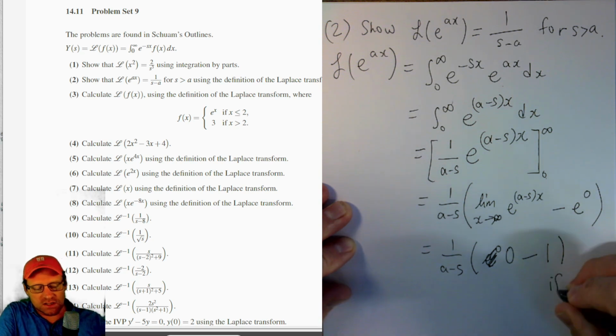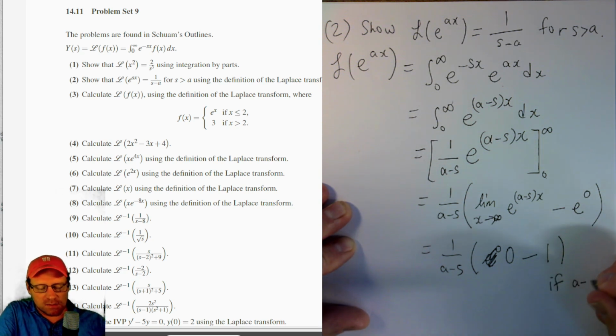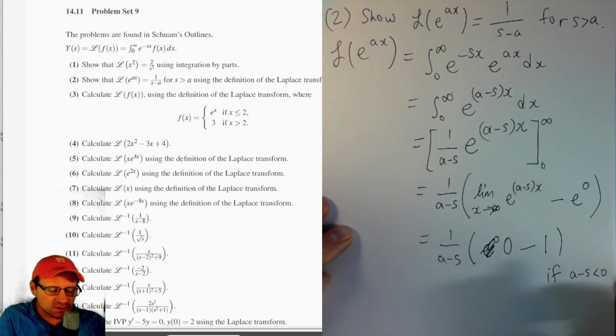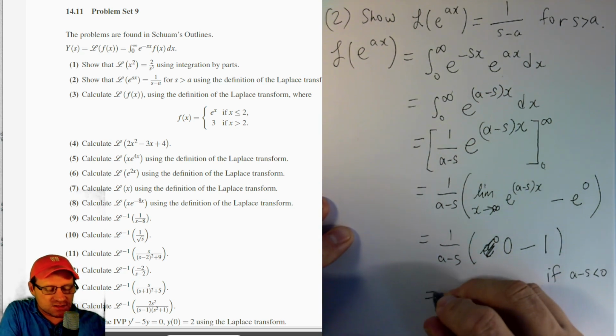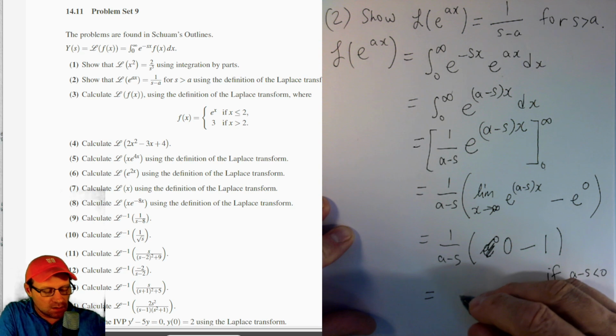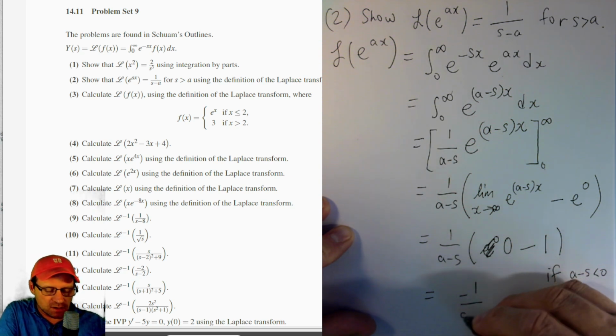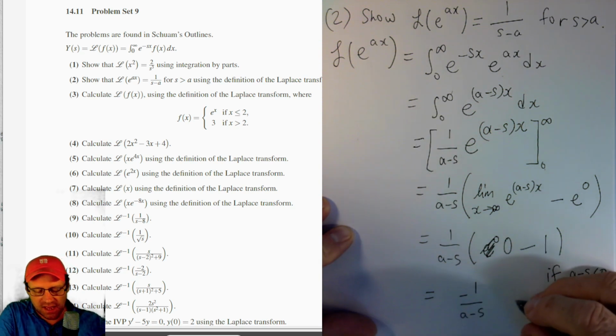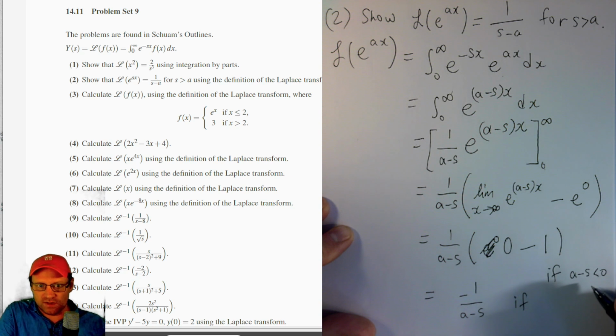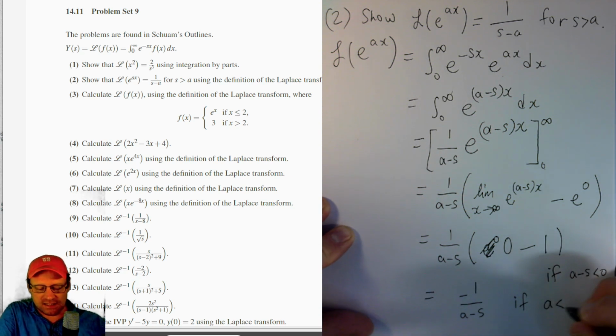And let's put the clause if a minus s is negative. Okay, so simplifying this, we have minus 1 over a minus s, provided that, let's rearrange this so that we add s to both sides. So if a is less than s.